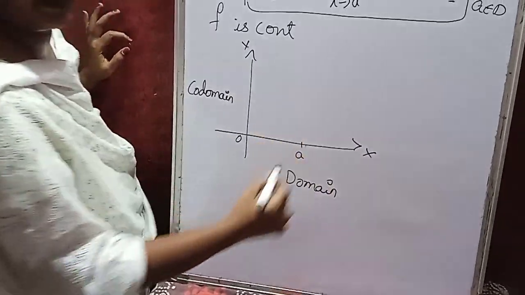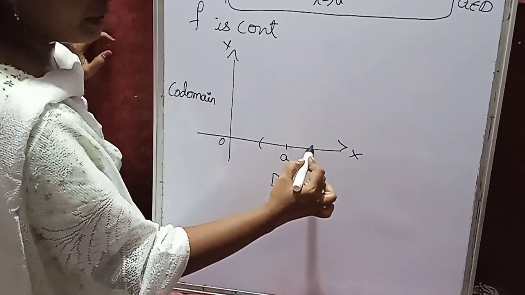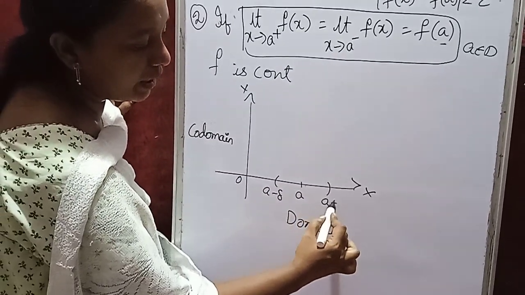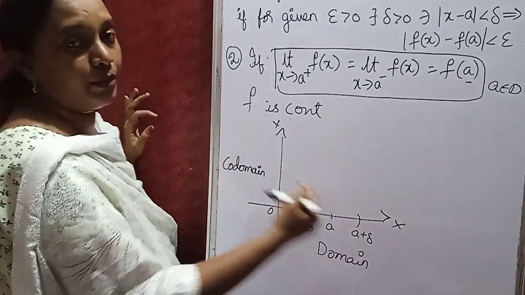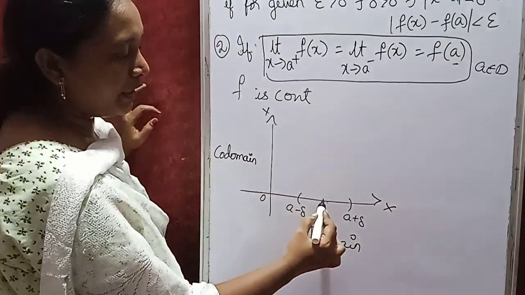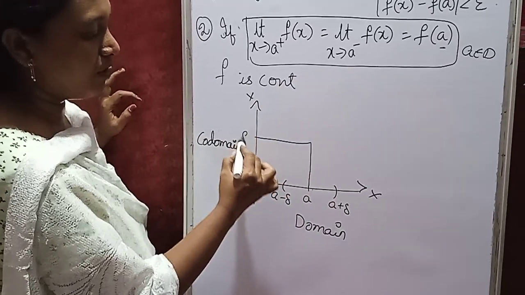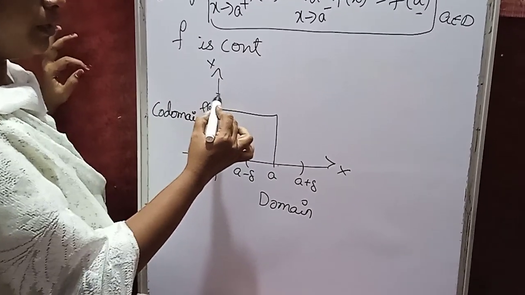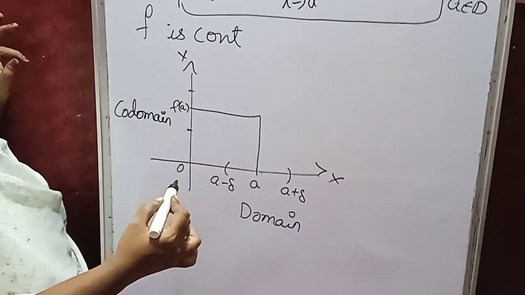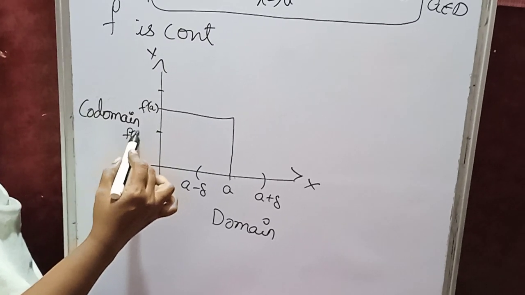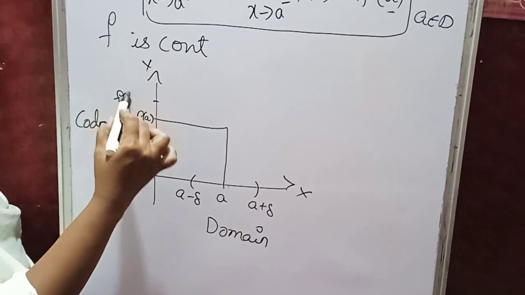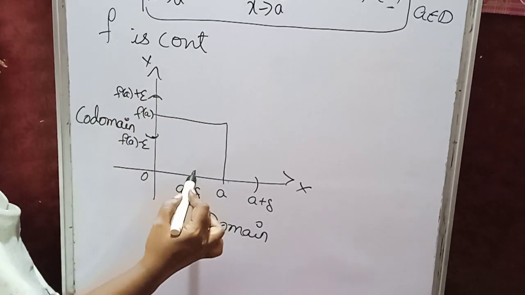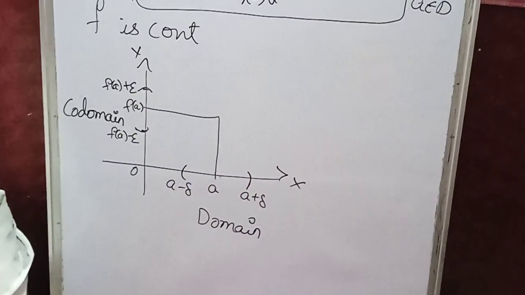Consider the point a, and consider the delta neighborhood of a, that is a minus delta to a plus delta, and corresponding to this a our functional value is f of a. To this f of a you consider the epsilon neighborhood, that is f of a minus epsilon to f of a plus epsilon. This is the epsilon neighborhood of f of a, and this is the delta neighborhood of a.